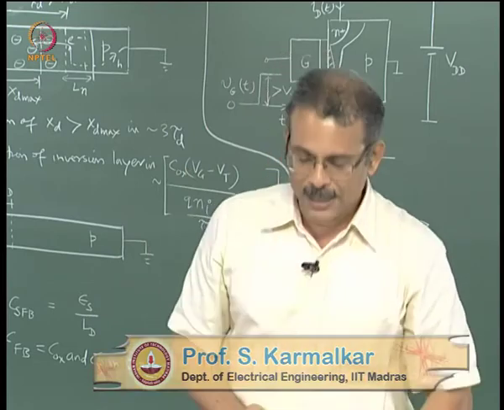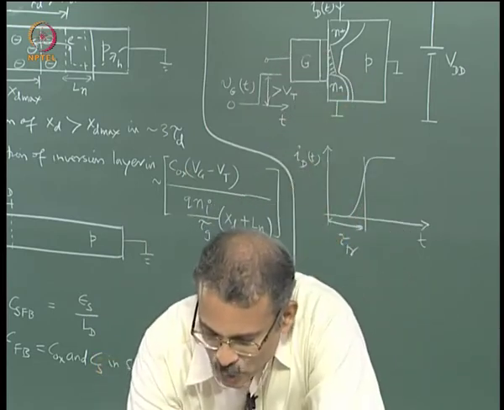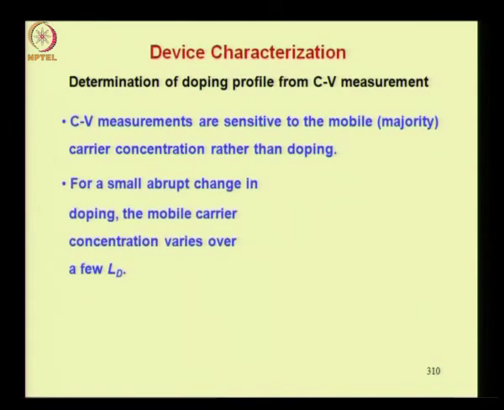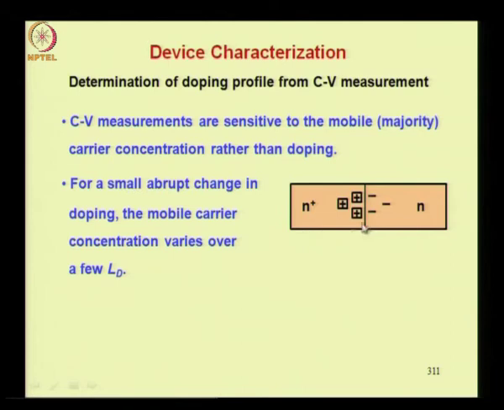So that is the point that we are bringing out here. What should be the variation of the doping so that you can capture the variation. So for a small abrupt change in doping the mobile carrier concentration varies over a few LD. Now this is the picture. So if you take an n plus n junction where doping changes abruptly at this surface.